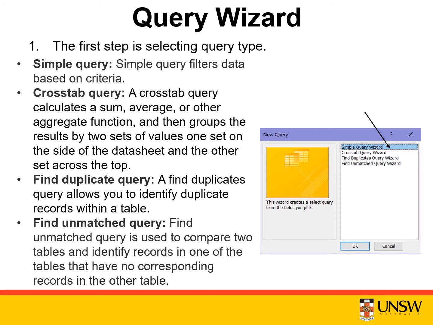The first one is Simple Query, which is the query that you're already familiar with. By using Simple Query Wizard, you can select tables, fields, and define your criteria. We will talk about crosstab, find duplicate, and find unmatched queries in the next slides. In order to create a simple query, select the first item in the wizard and click OK.